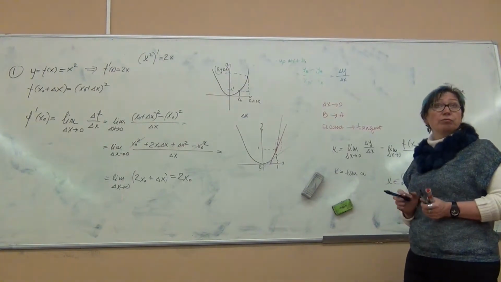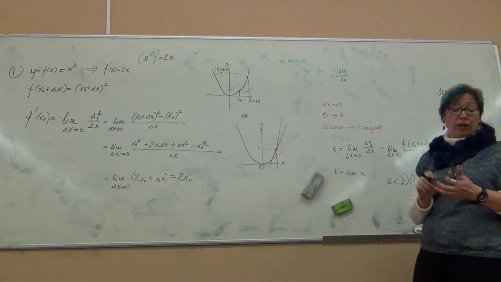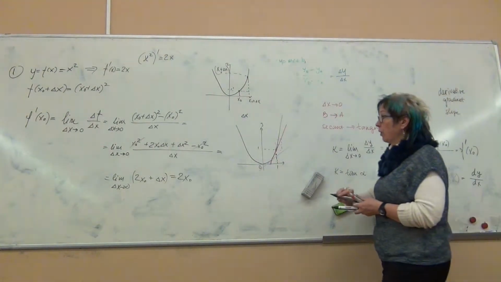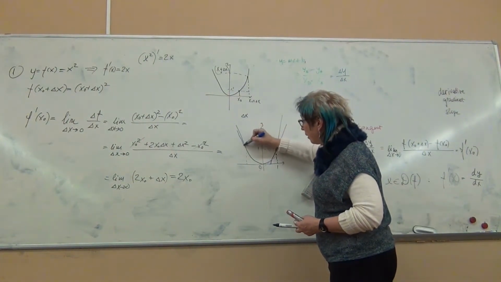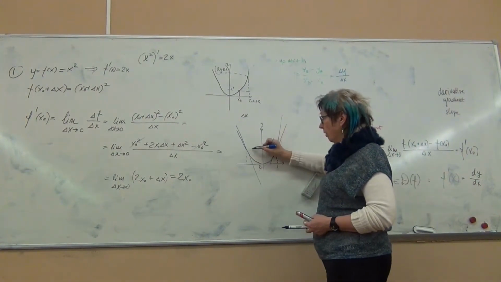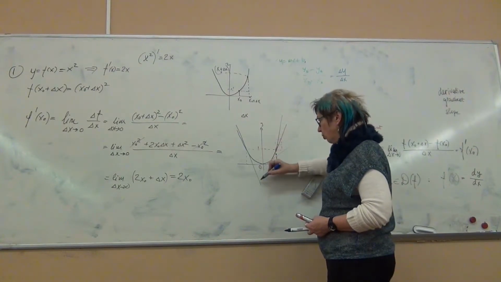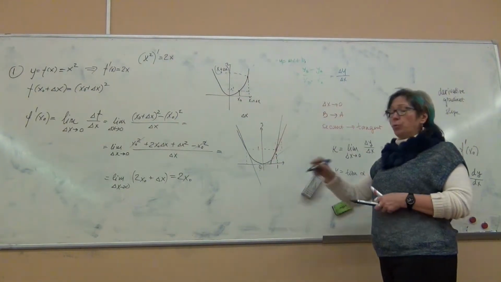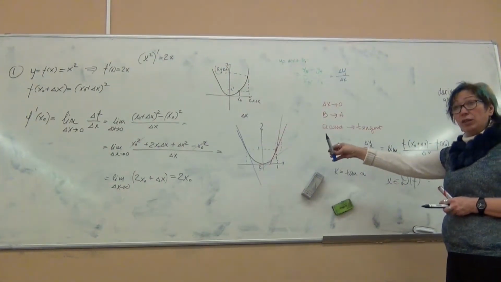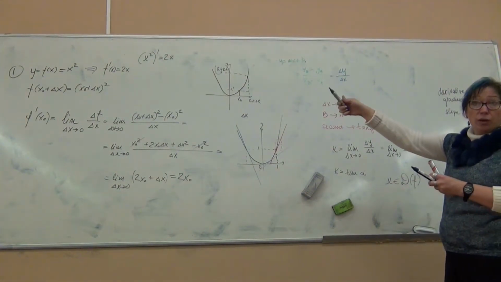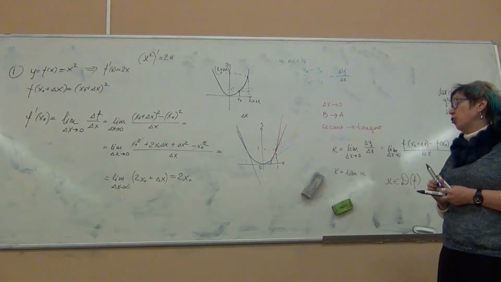Can the slope be negative? Yes, why not? If x is negative for this function, for example, if x is -1, then the slope should be -2. And yes, it is. You see, 1 right, 2 down, 1 right, 2 down. So the slope for this would be -2. We can have negative slope, which means the function is decreasing. If the rate of change is negative, velocity is negative, it means the function is decreasing.